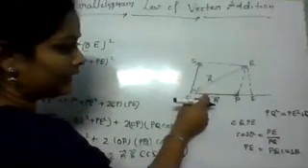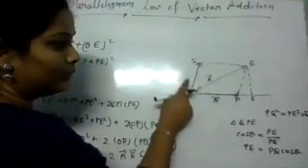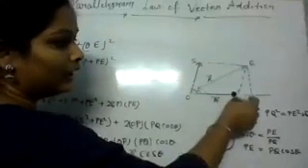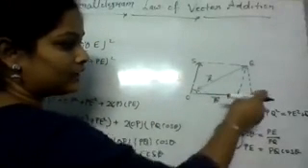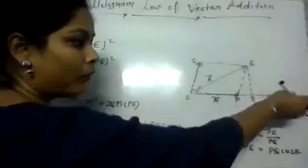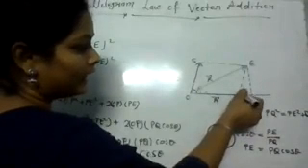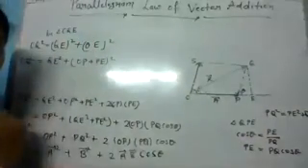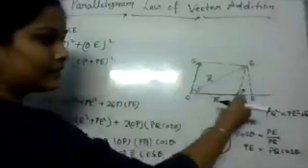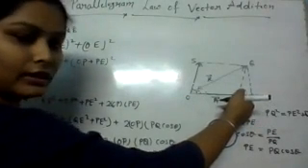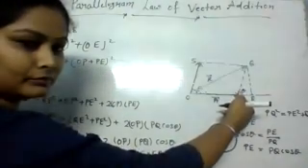Now this angle is theta, the angle between A vector and B vector. Here we just extended this line, so this is also a kind of A vector and this is B vector, so the angle will be the same here, theta. Is it clear why I am writing theta here?